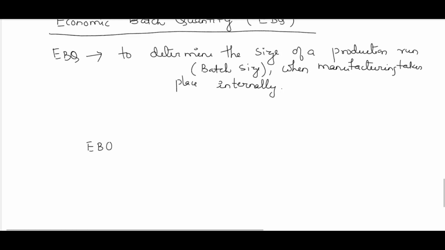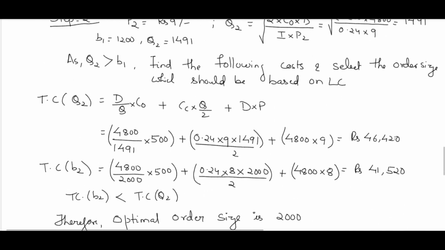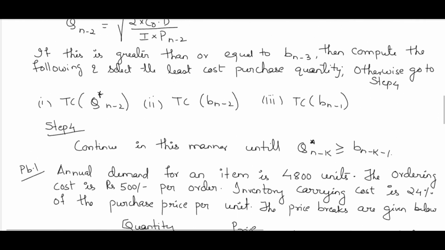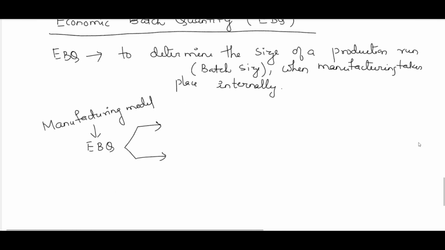EBQ is a manufacturing model, whereas EOQ is your purchase model.